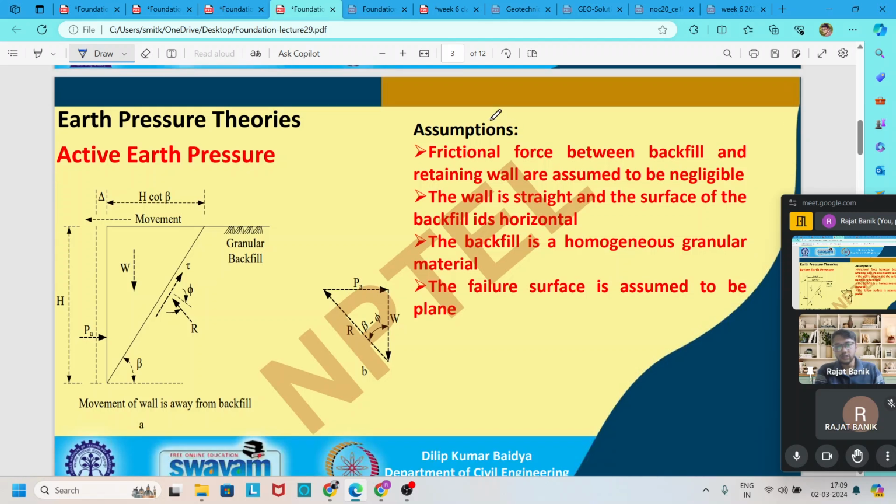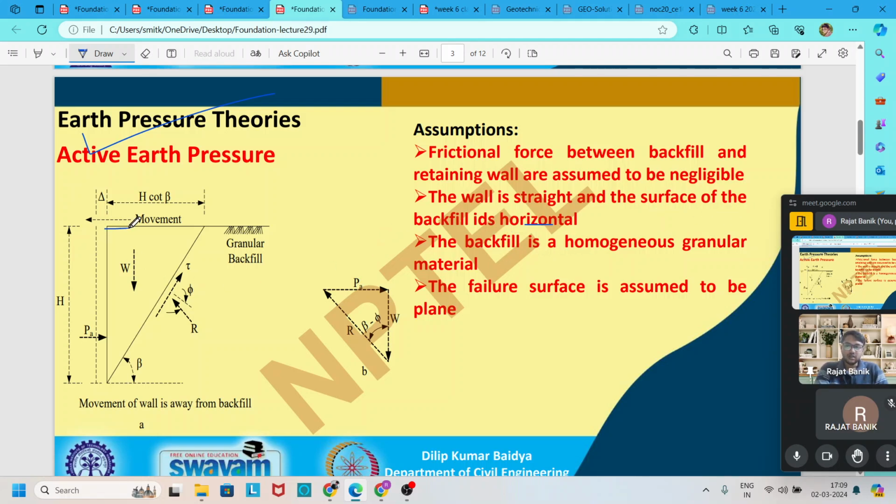In finding the active earth pressure coefficient, there are some assumptions we have to make. The friction force between the backfill and the retaining wall is assumed to be negligible, so we neglect the friction force. The wall is straight and the surface of the backfill is horizontal.